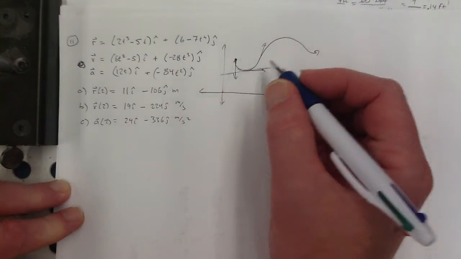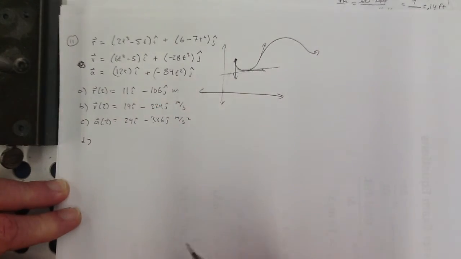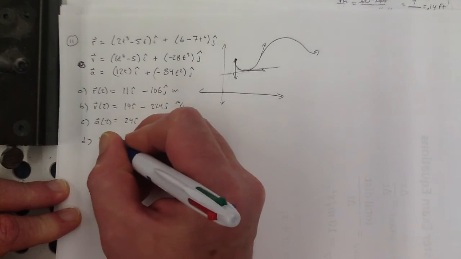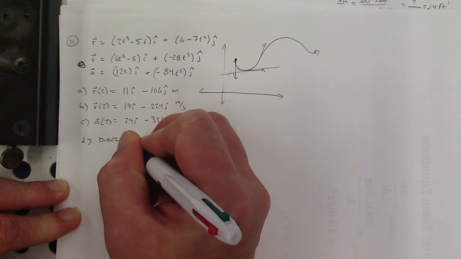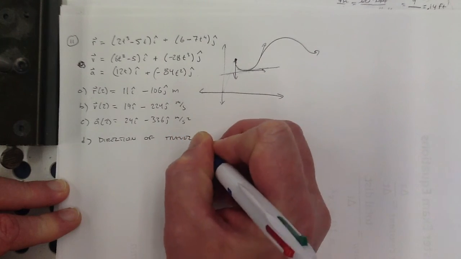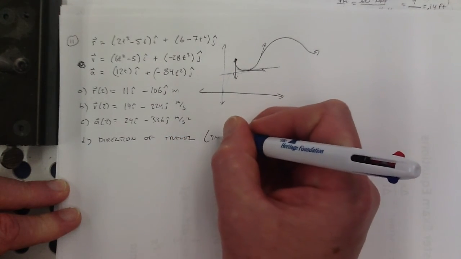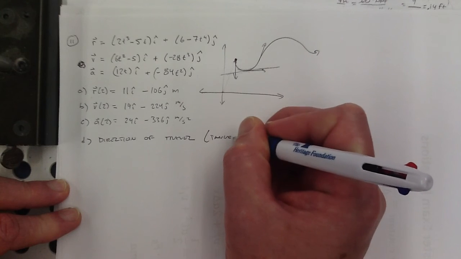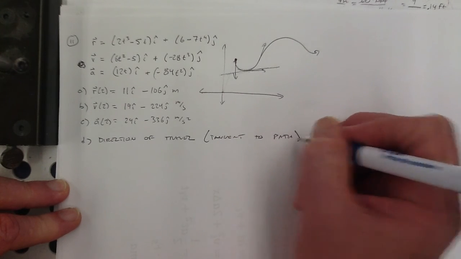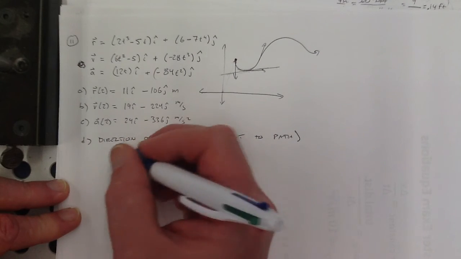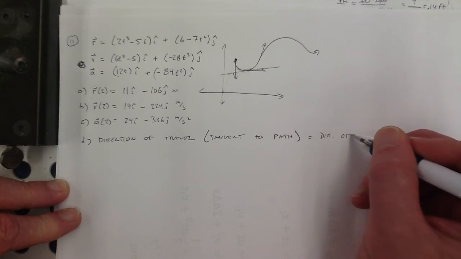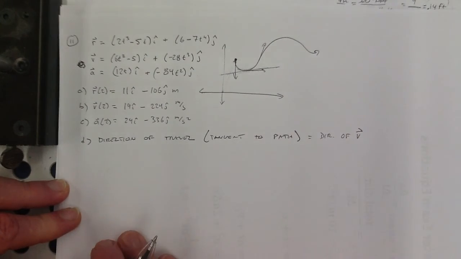So the answer to part D, the answer to that question in general, is if you want to know the direction of travel, and that's same as tangent to the path, that is direction of velocity.